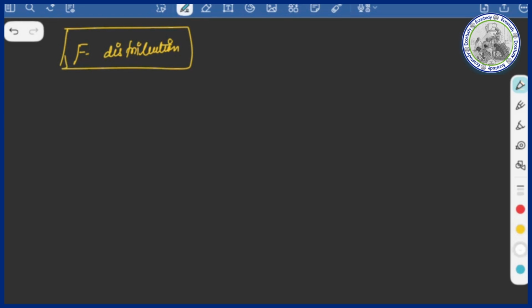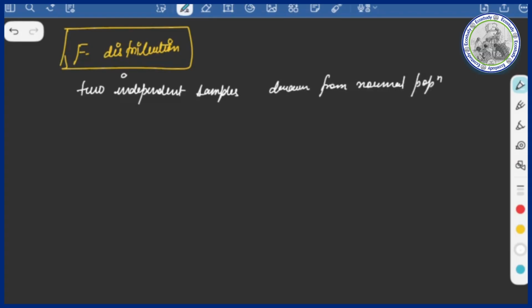Suppose we want to test two independent samples drawn from normal population with same variance sigma square.